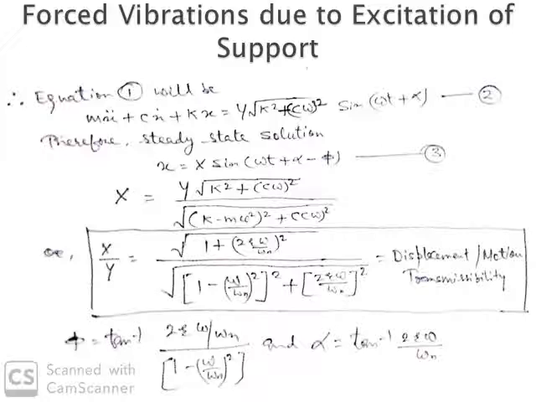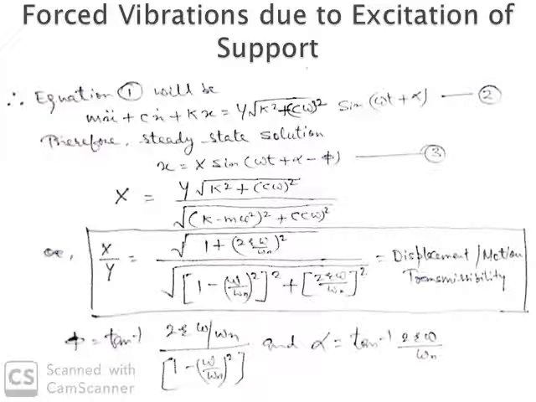Let the solution for this equation be x equals X sin omega t plus alpha minus phi. Now it is similar to the earlier derivations, in which F0 is replaced here by y under root k squared plus (c omega) squared.